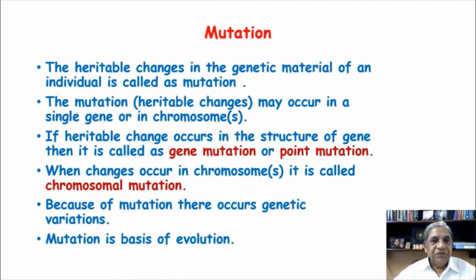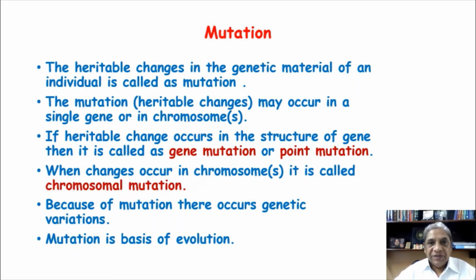Let's come to the actual definition of mutation. Heritable changes in the genetic material of an individual are called mutation. What are heritable changes? It means that whatever changes have taken place in a gene or chromosome after the mutation can be transmitted to the next generation, or in the case of a somatic cell, to the next cell division.